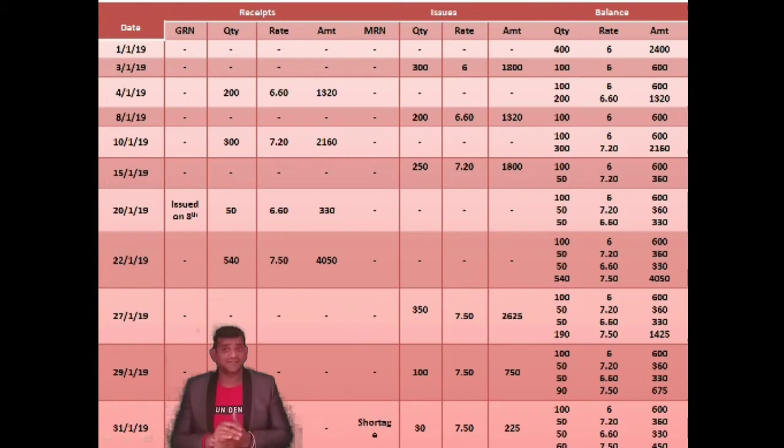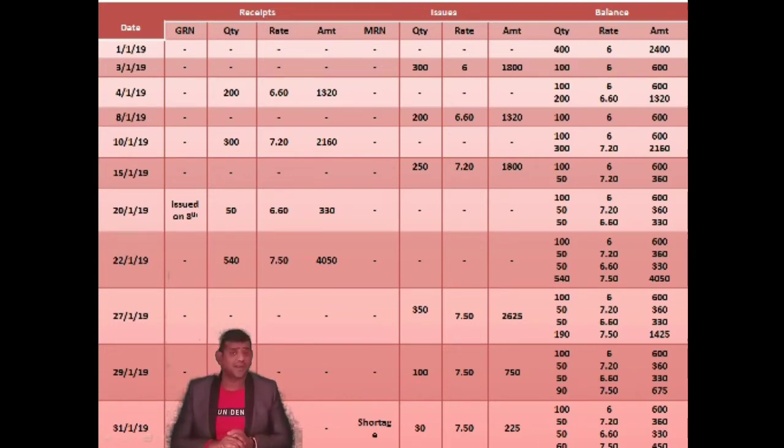Go to the balance column. Take down 100 units at the rate of 6 rupees, total amount 600 rupees. In the same way, 200 units at rupees 6.60, that comes to 1320 rupees.